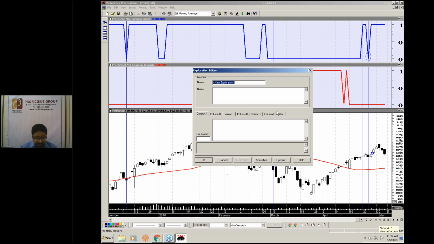So the conception that we are going to use here is called triple moving average crossover, right? Earlier we have discussed dual moving averages. When a short-term moving average crosses over a longer-term moving average, that's a buy signal, sometimes referred to as a golden crossover. When the reverse happens, that is, when our short-term moving average goes below the longer-term moving average, that is a sell signal, sometimes called a dead crossover, right?